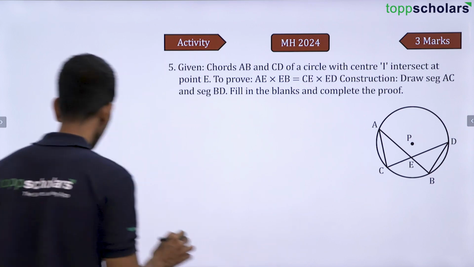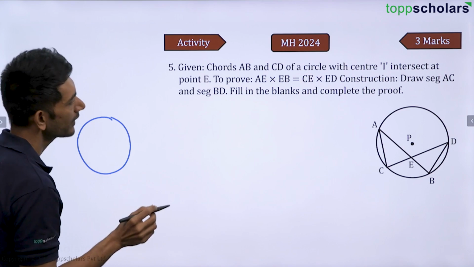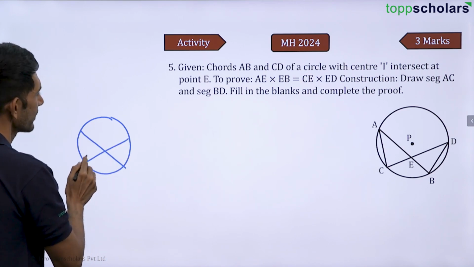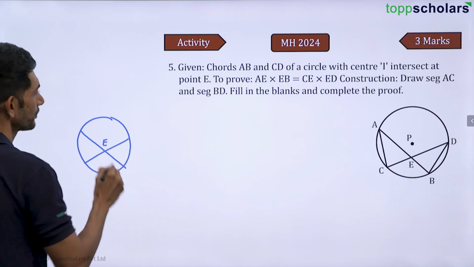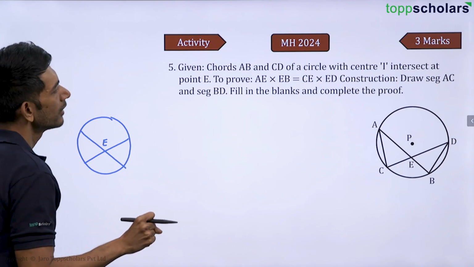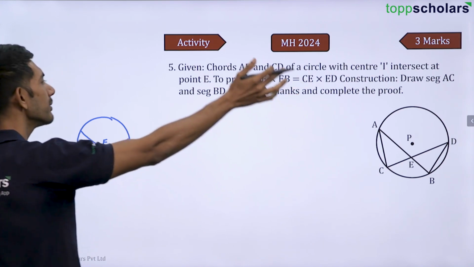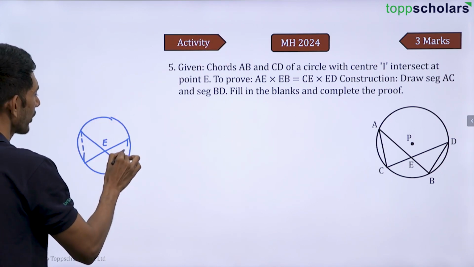See what is given. There is a circle and there are two chords. One is chord AB, the other is chord CD, and they intersect at point E, right? And we are supposed to prove that AE into EB is equal to CE into ED. For that we are joining this and this.